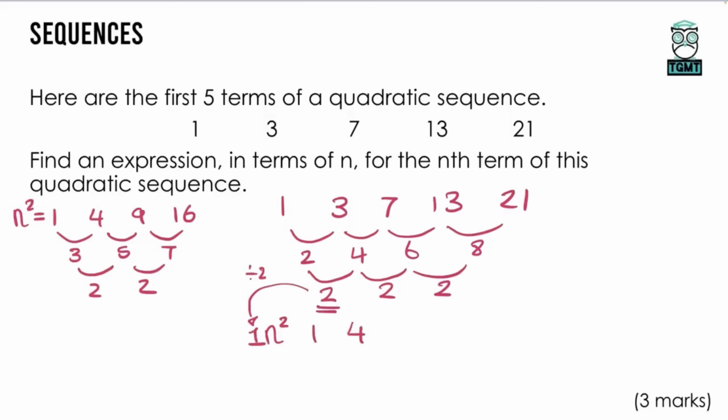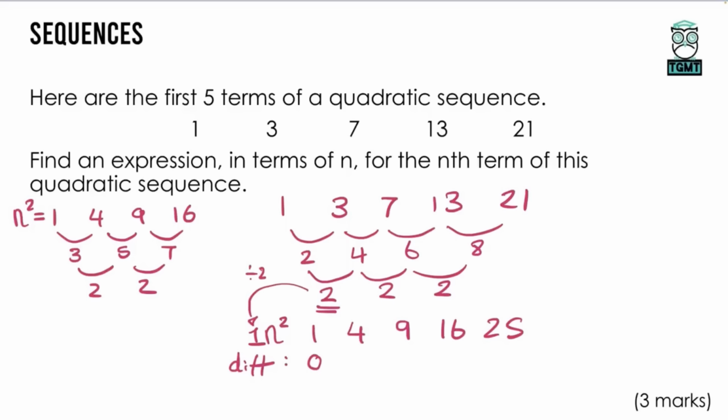Now 1n squared is the sequence that we've just written out. 1, 4, 9, 16. I'm going to put another one because we have 5 numbers in our sequence, and all we want to do is see, okay, well we know it's related to n squared, but how is it different? How does it differ from the sequence we've been given in the question? Now I tend to write that down as the difference. You can write it down as whatever you like, but to get from 1 to 1, that's a difference of 0.